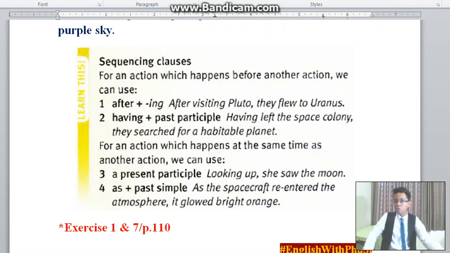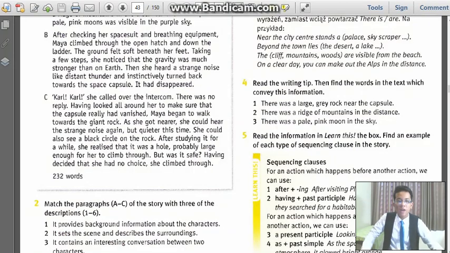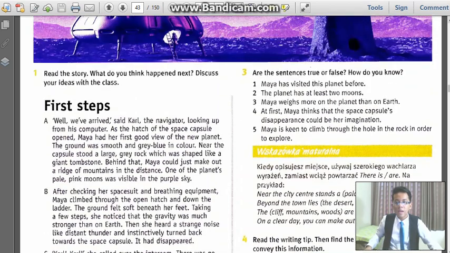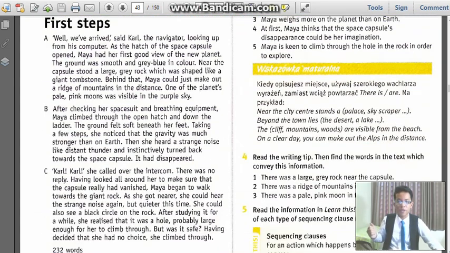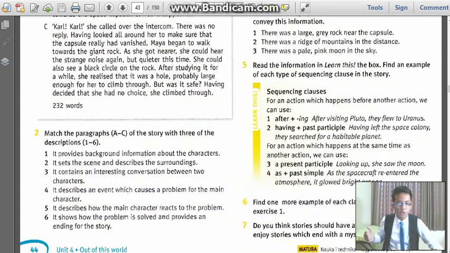And we have not ended yet. We will talk a little bit about exercises number 1 and number 7. So exercise number 1: the story you read, what do you think happened next? Discuss your idea with the class. And do you think the story should have a clear ending, or do you enjoy stories which end in a mystery? So think of what will be happening next.